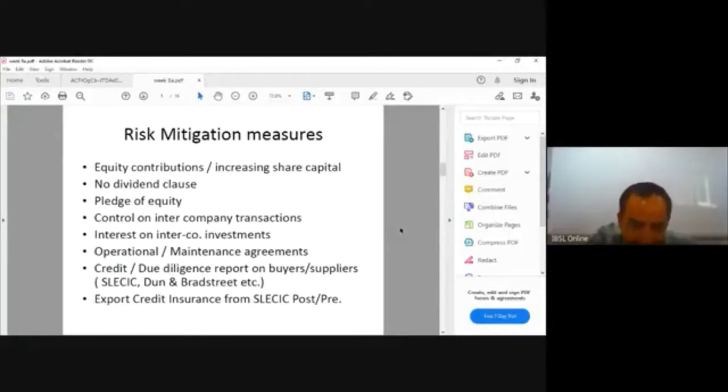But I'm talking about this export credit insurance only. For facilitating export, for somebody to go for a credit, they give an insurance. They give a guarantee for somebody to go and take a loan. So all these things you will find in some paper or other as a risk mitigation measure in reducing the risk of your loan proposals.